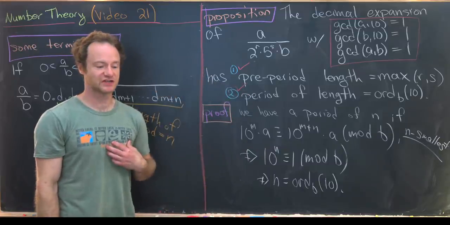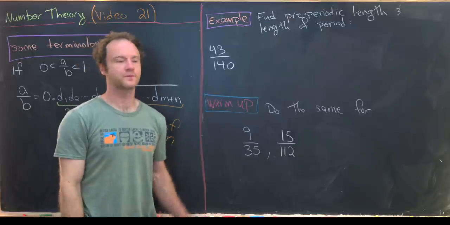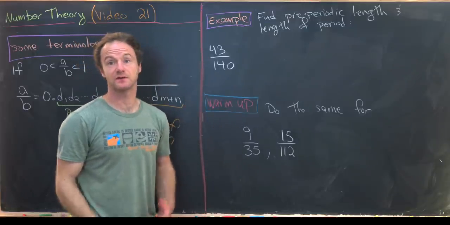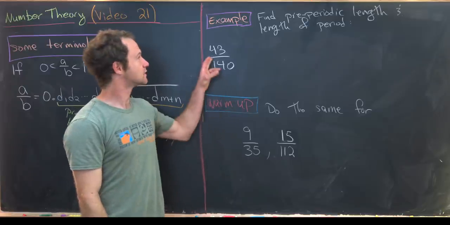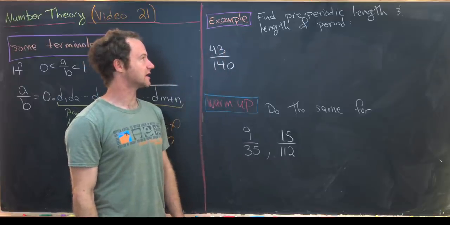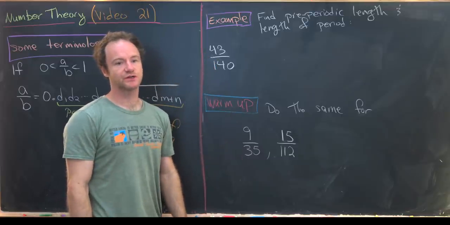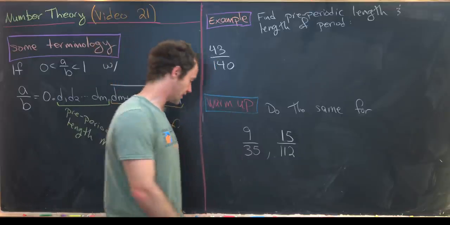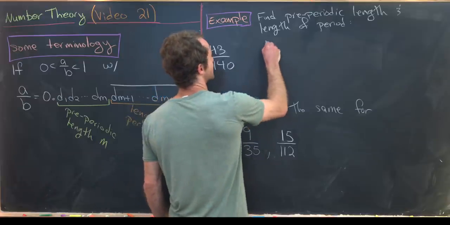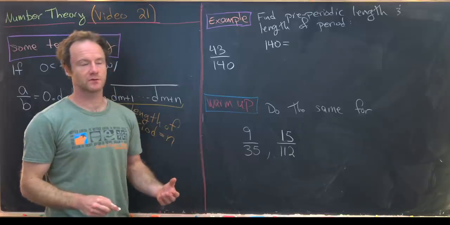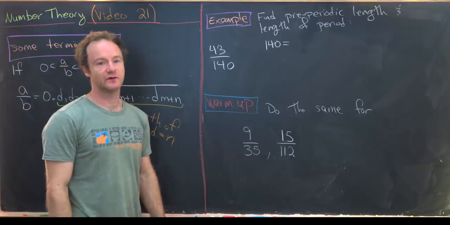Okay, so let's maybe finish this video off with one example. Let's finish with a little example and then a warm-up exercise that builds off of this stuff. So let's find the pre-periodic length and the length of the period for the following rational number. We've got 43 over 140. The first thing that we want to do is write 140 in a factored form using powers of 2 and 5.